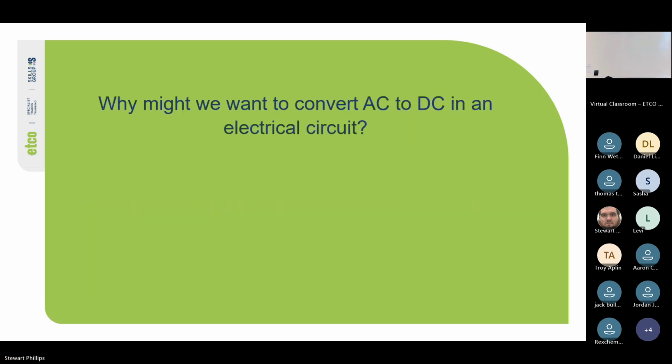Cool. So why might we want to convert AC to DC in an electrical circuit?